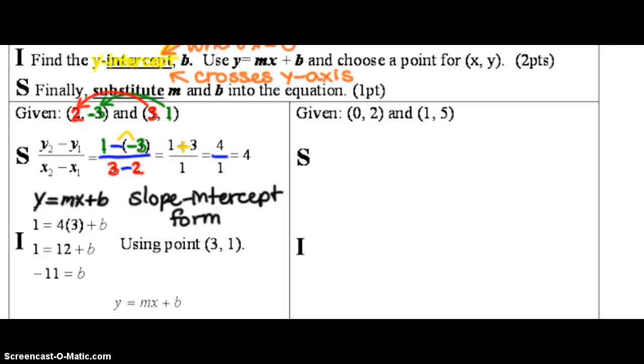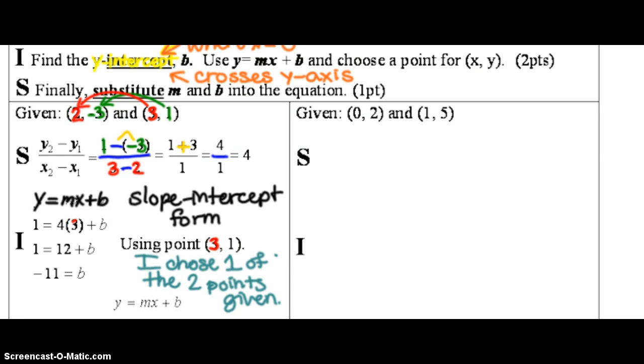Notice the point that was chosen for this example was (3, 1). What quadrant is (3, 1) in? Do you remember? Well, the x and y values are positive. Must be quadrant 1, because quadrant 1 is to the right and up, just like the point, 3 right, up 1.